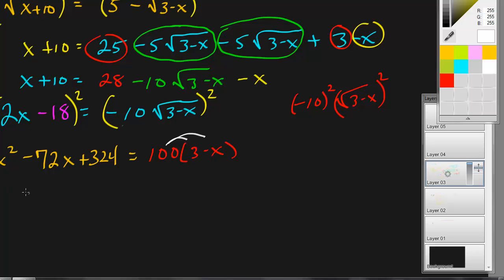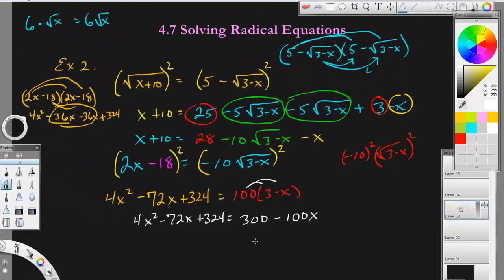So I'm going to write this all over again. 4x squared minus 72x plus 324. We might have to continue this on another slide. And that would be, just distributing the 100, that'd be 300 minus 100x.